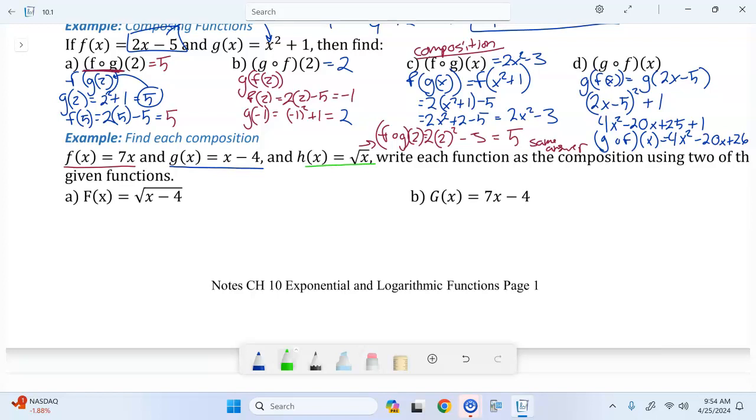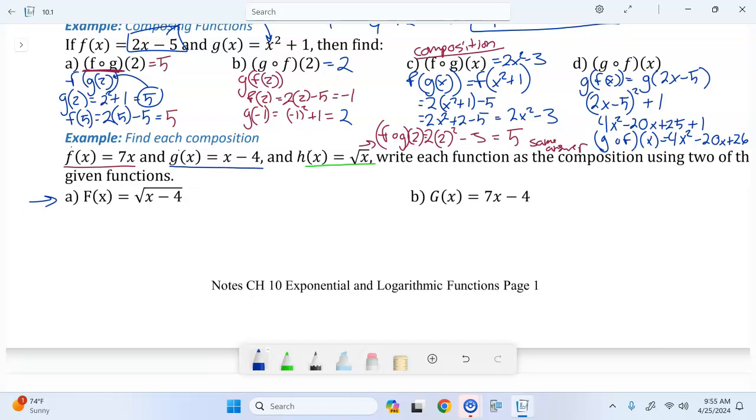For the following 2 functions, what we want to do is identify and write it as the composition of either f of x, g of x, and h of x. So we have a new function, big F of x equals the square root of x minus 4. Which of these 3 functions do we need to compose in order to get our new F of x?